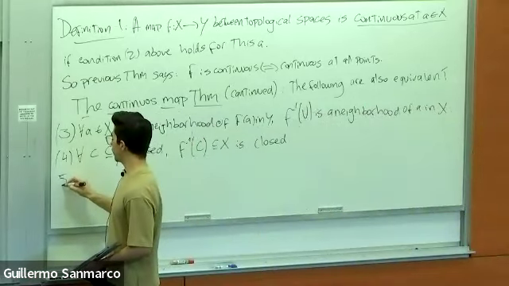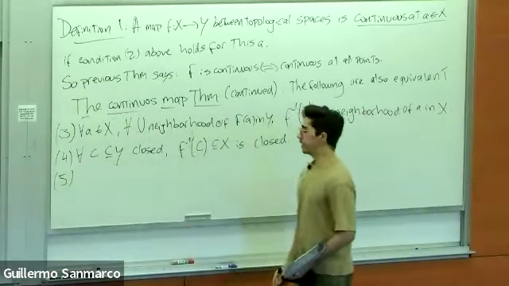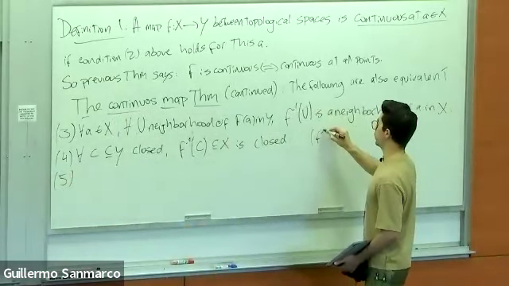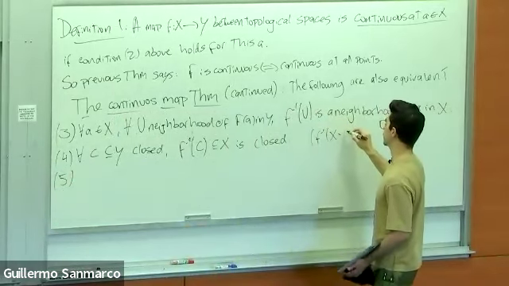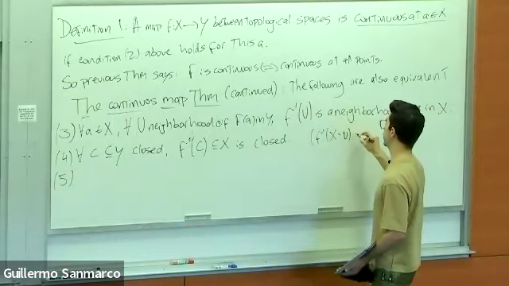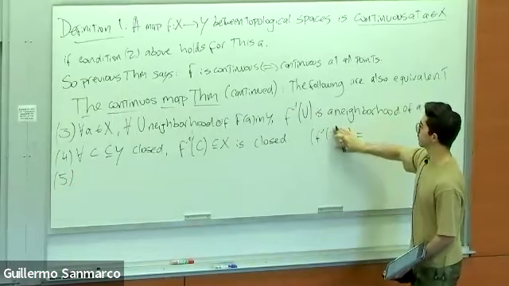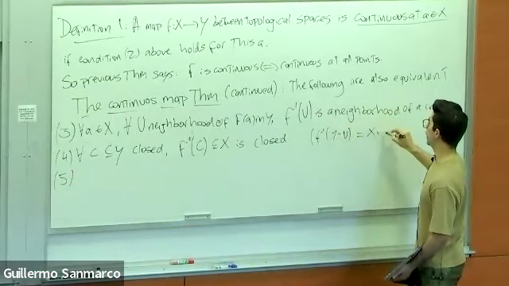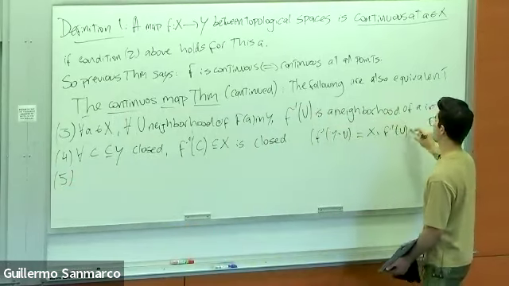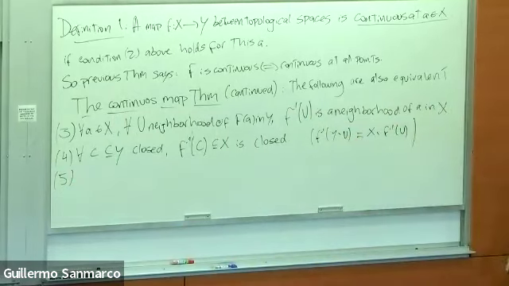So let's be honest, number 4 here is not very exciting. This is mostly because if you do preimage of a complement, Y minus U, let's call this your C, this is just X minus preimage of U. So that's all that's going on here.